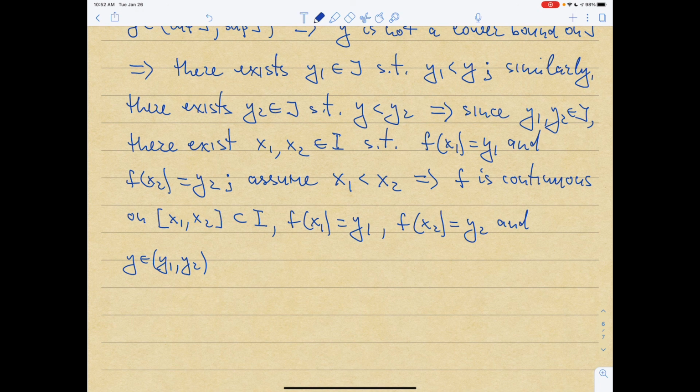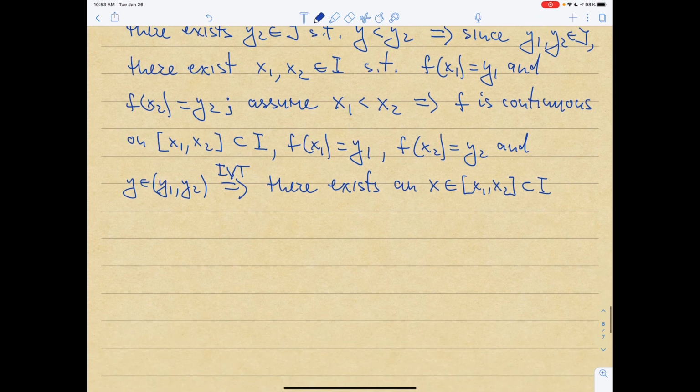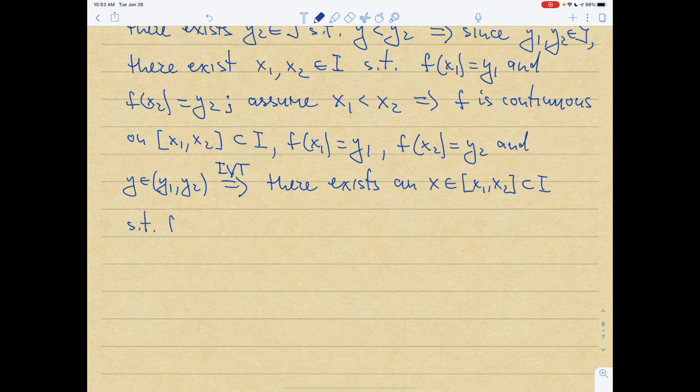At the endpoints of the interval, the function has values y1 and y2, and I pick a number between those two values. So then, by the intermediate value theorem, it immediately follows that there exists an x in x1, x2, which is contained inside I, so x in I, such that f of x is equal to y.